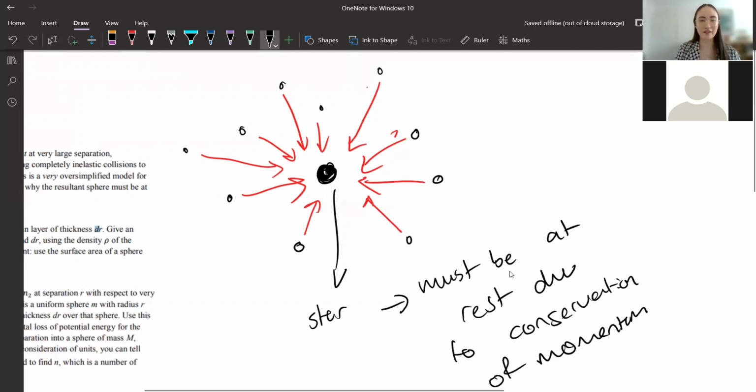And that's essentially because, say we just have a 2-particle system and they come together. If they have perfectly equal momentum and they hit each other purely inelastically, then their momentums, because they're coming in opposite directions, are just going to cancel each other out.